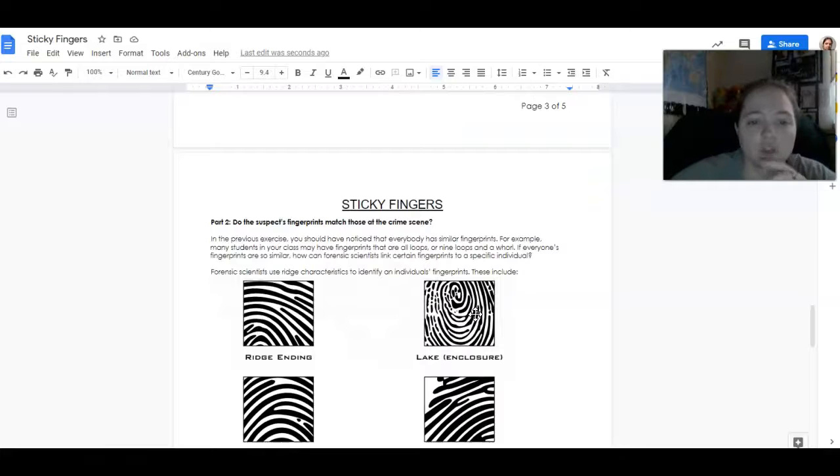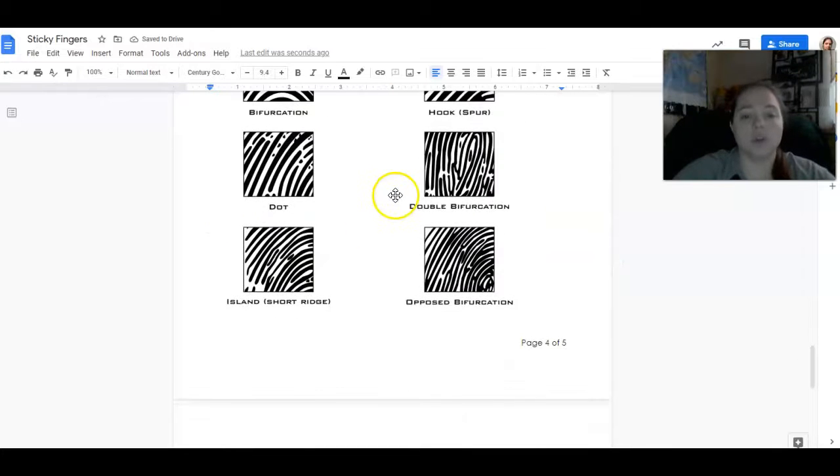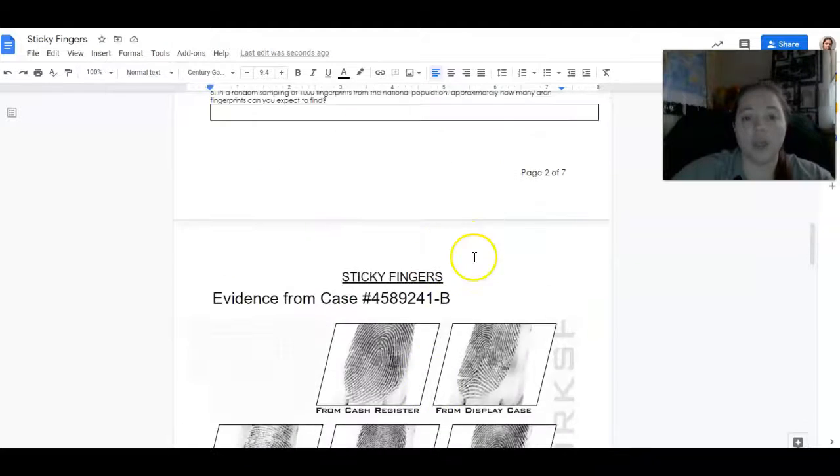In the previous exercise, you should have noticed that everyone has similar fingerprints. Okay, so let's just get rid of that because you guys didn't do that part. So after you're done with that, you are going to go to page 5. You're going to list characteristics on the suspect's prints on page 3.